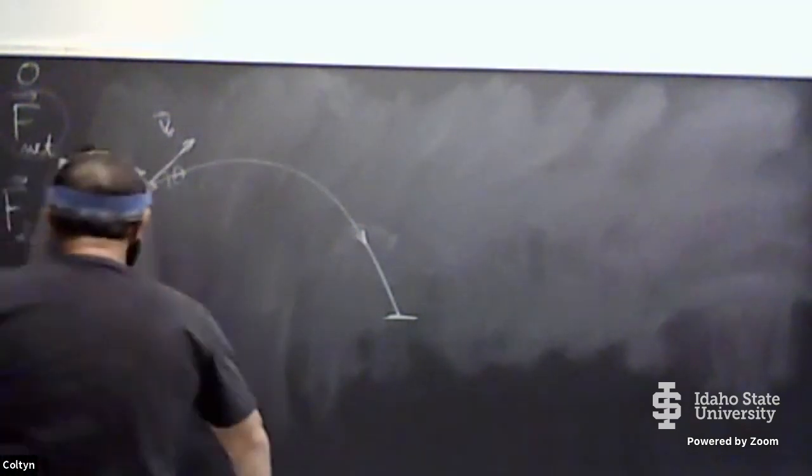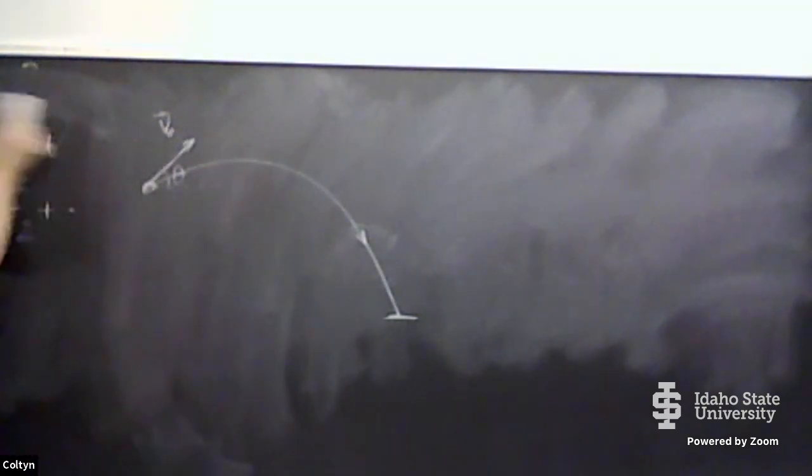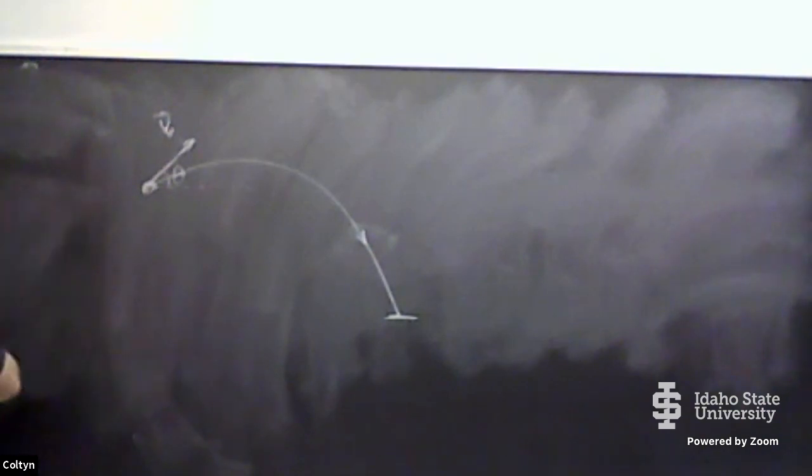You are given the initial velocity of the projectile, which is the same as the initial velocity of the plane. You are given the angle above the horizontal, the direction of that initial velocity.